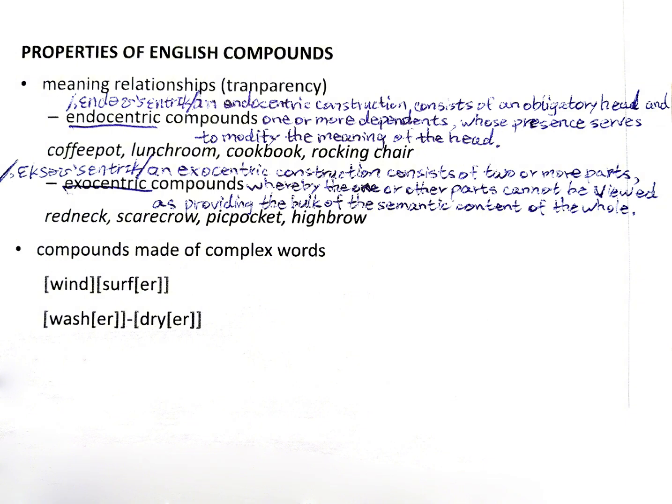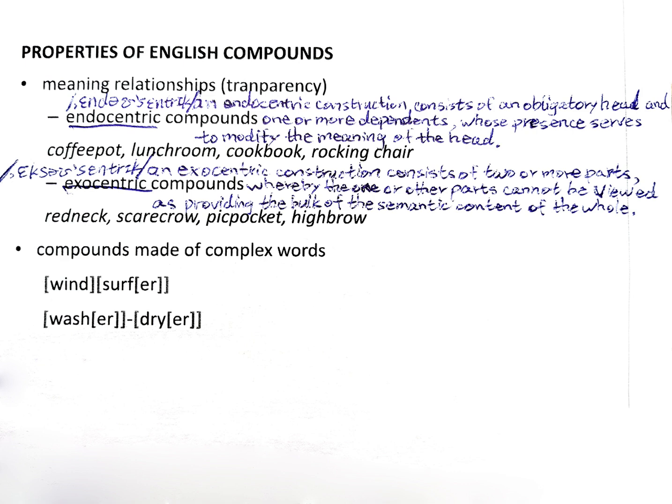They have, one way or another, some relationship between them. Let's take some examples. For example, coffee pot. Coffee and pot, it's relatable, right? If you want to drink coffee, you need to use some pots.